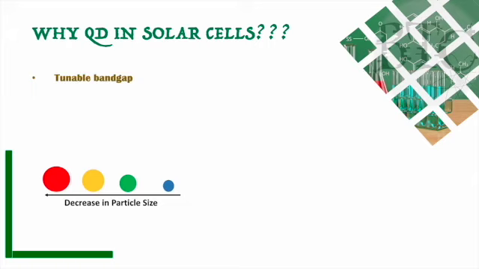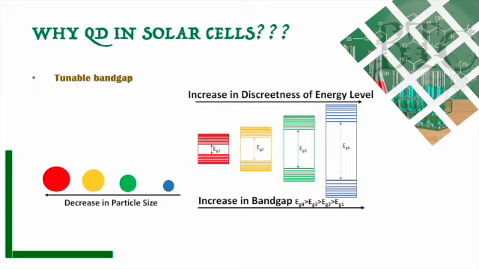This makes them ideal for being used in solar cells, where they can be tuned accordingly to absorb a wider range of wavelengths of light than traditional solar cell materials such as silicon. Fine.